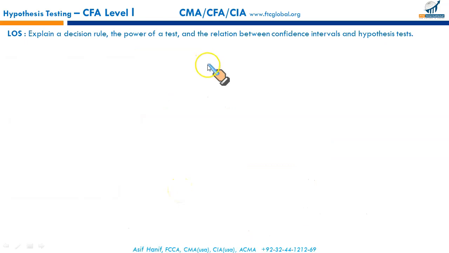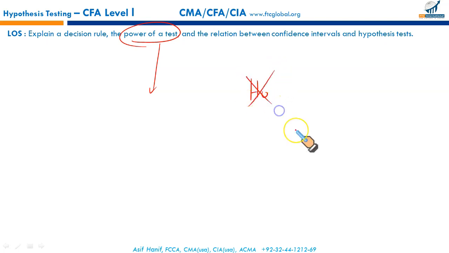Okay, the next area here is the power of a test. What is it? The power of a test gives the probability of correctly rejecting the null hypothesis when it is false. So when the null hypothesis is false and you successfully reject it, you discredit it.